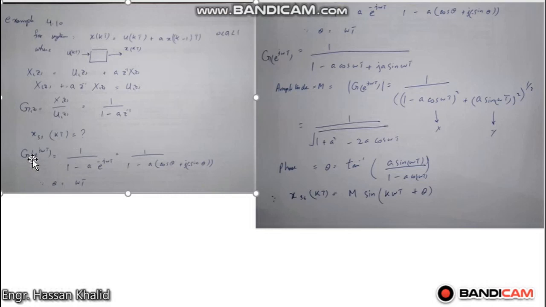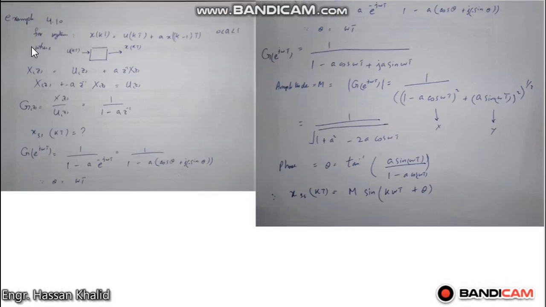Now you can see easily here that G(z) is being replaced with G(e^(jωT)), that is equal to 1 over 1 minus a into e raised to the power minus jωT. And you know that e^(jωT) is just the Euler property, equal to cos theta plus j into minus sine theta, where theta is equal to ωT.